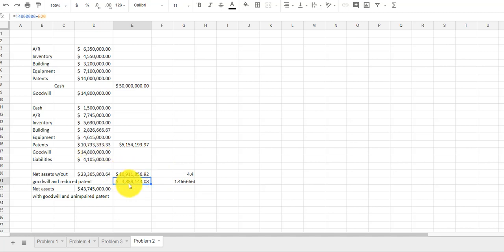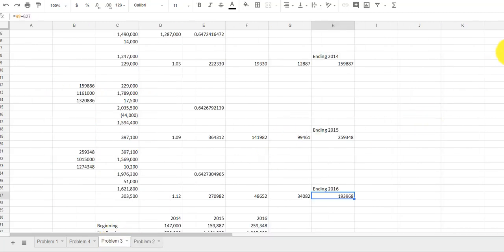So the difference is 3.8. That's an impairment of goodwill because the future cash flows are not going to be what we thought they were when we bought this company in the first place. So that's how you look at impairment in both a patent and goodwill.